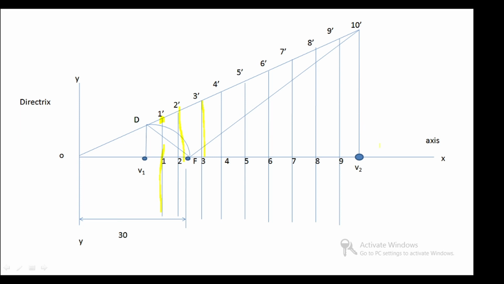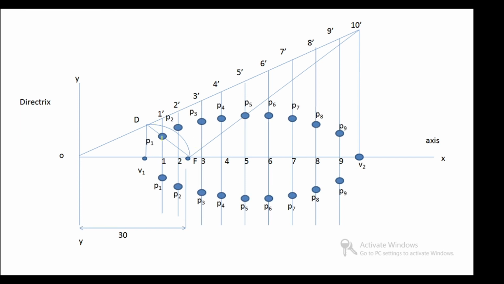I will explain how the point is marked. You take the radius of 1 dash with your compass, with F as the center, and cut an arc on the 1 dash line on both sides. Mark points P1 and P1, above the axis line and below the axis line.